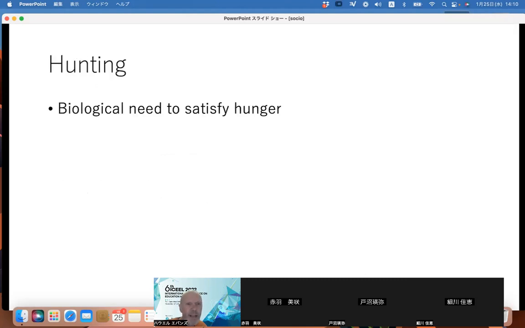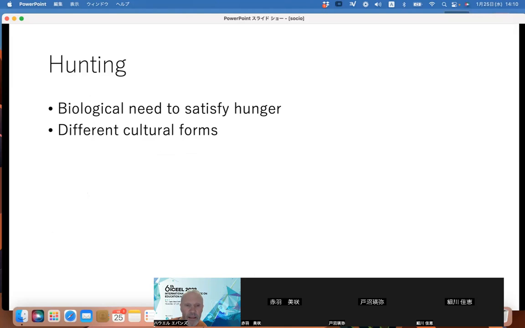They use the example of hunting. I'll just take you through this very briefly. You can look at the paper later. In hunting, there's a biological need to satisfy hunger. So you're really hungry, in other words. That's a biological need. But there are different cultural forms to hunting.